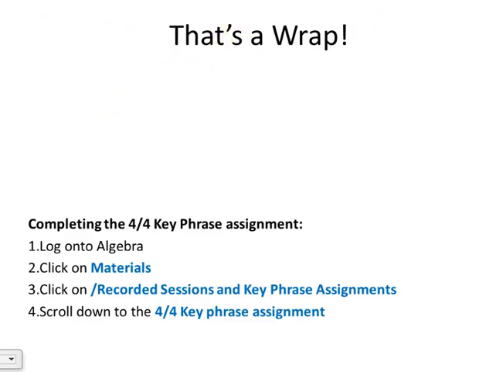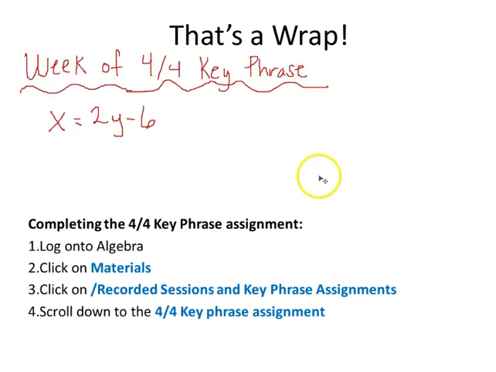So that's a wrap. Let me put up your key phrase assignment. We learned that in order to use the substitution method, the first step is that we have to solve one of the equations for a variable. So is this equation written where it's solved for a variable already?